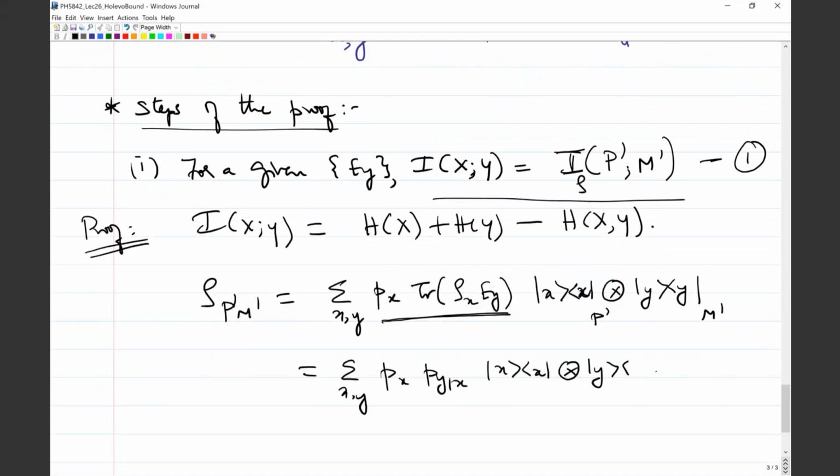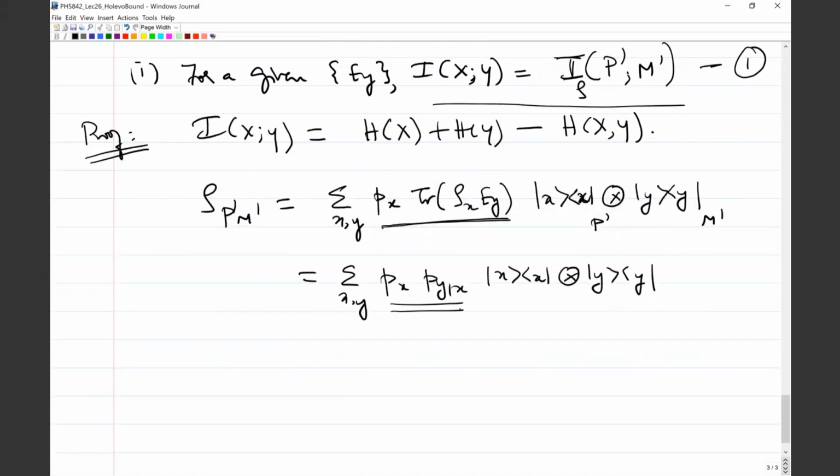I hope you can see that. So what is px times p(y given x)? That's a joint distribution between x and y. What do you call this? Classical probability.